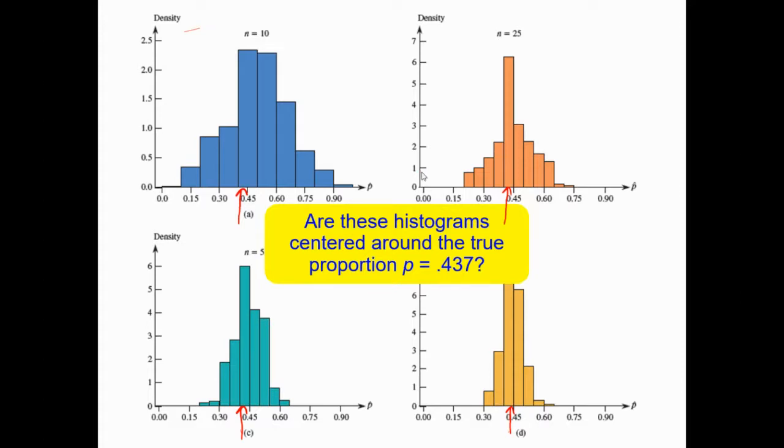Is our proportion fairly close to 50-50? Compared to something like 0.07? Yeah, it's pretty close. What do you notice about the standard deviation? As n increases, standard deviation decreases.